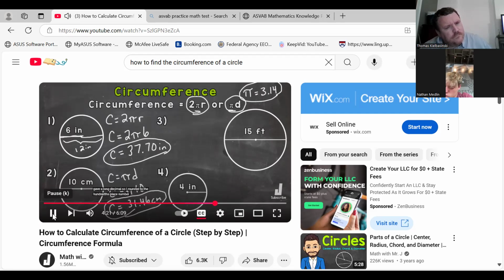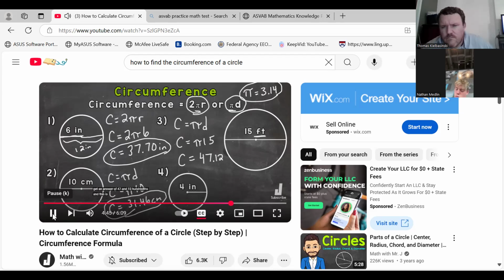Number 3, we are given the diameter, so let's use circumference equals pi d, or pi times diameter. We'll plug in the diameter, so pi times 15, and then calculate, and we get an answer of 47.12, and this is feet.